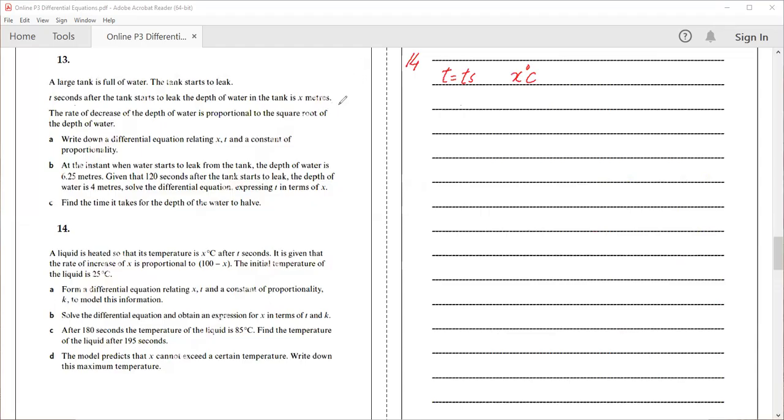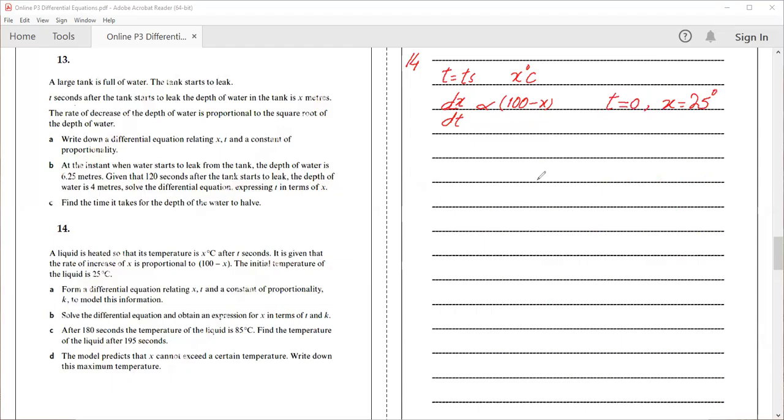It is given that the rate of increase of x, meaning dx by dt, is proportional to 100 minus x. The initial temperature of the liquid is 25 degrees. Whenever I have the word initial, it means the temperature at time 0 is given, that is 25 degrees Celsius.